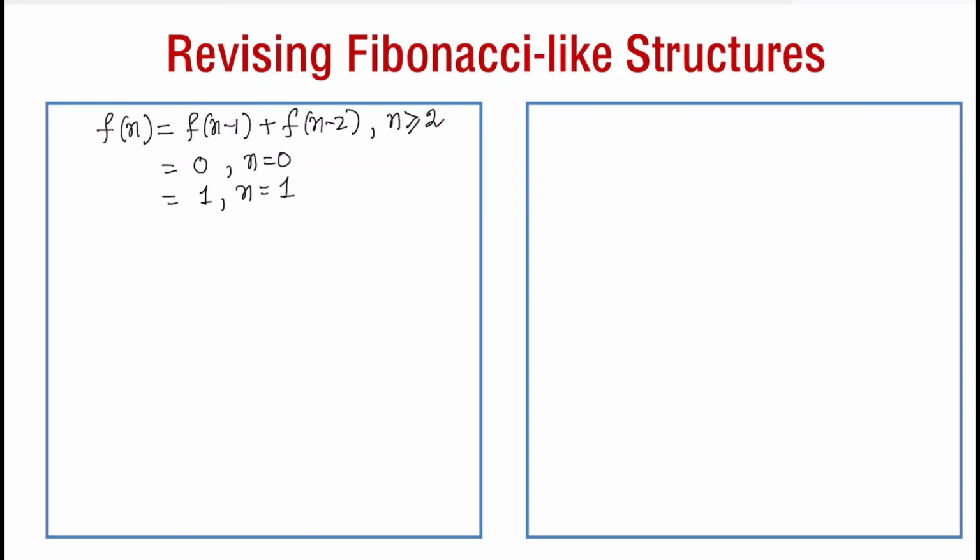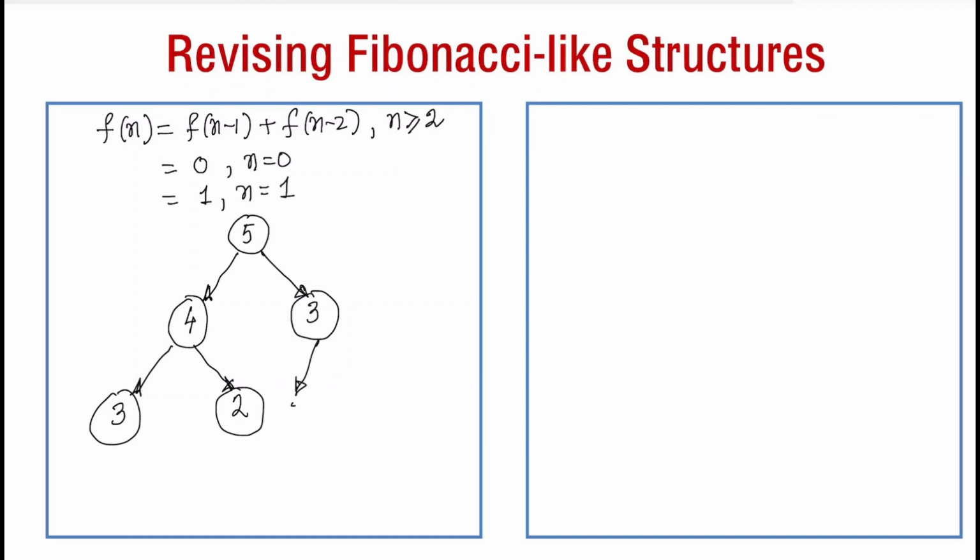And we realized when we did this Fibonacci series, we saw examples where if we try Fibonacci 5, we have to do Fibonacci 4 and Fibonacci 3. And for 4 again we have to do 3 and 2. For 3 we have to do 2 and 1. And then again for 3 we have to do 2 and 1, and so on and so forth, and leads to identical subproblems.